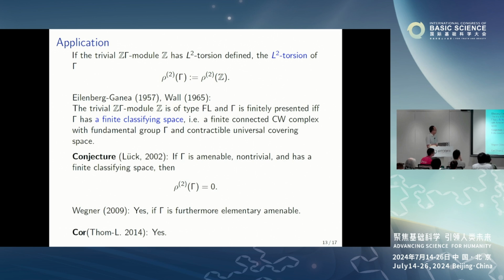Then Wolfgang conjectured that if gamma is amenable, non-trivial, and has a finite classifying space, then its torsion is 0. And then Wegler showed that this is true if gamma is further assumed to be elementary amenable. I'm not going to discuss the definition of elementary amenable. I will just say that this is a smaller class compared to amenable groups.